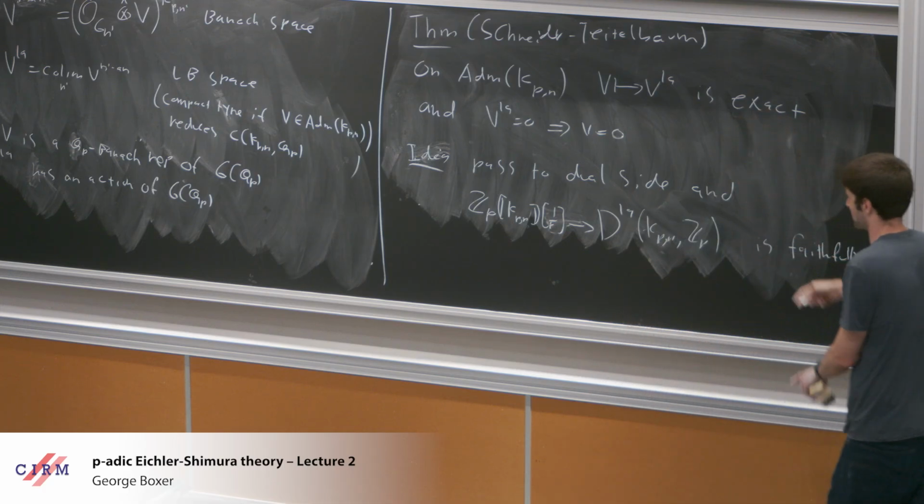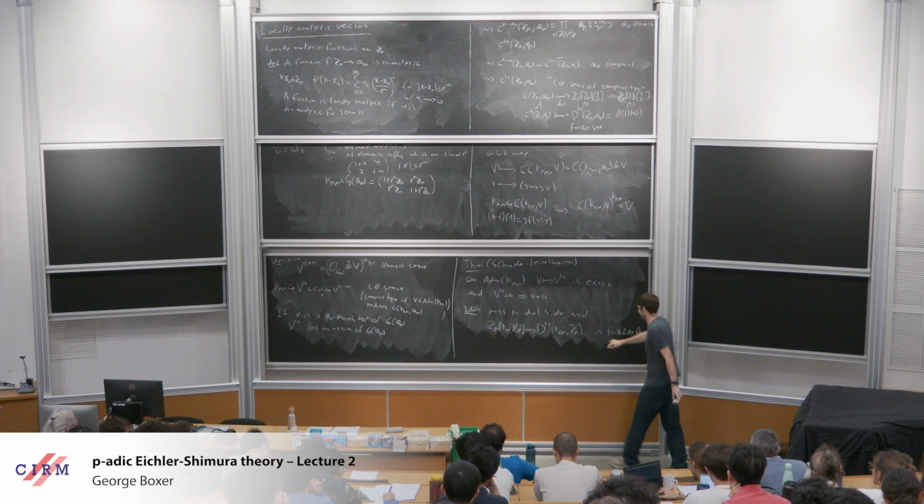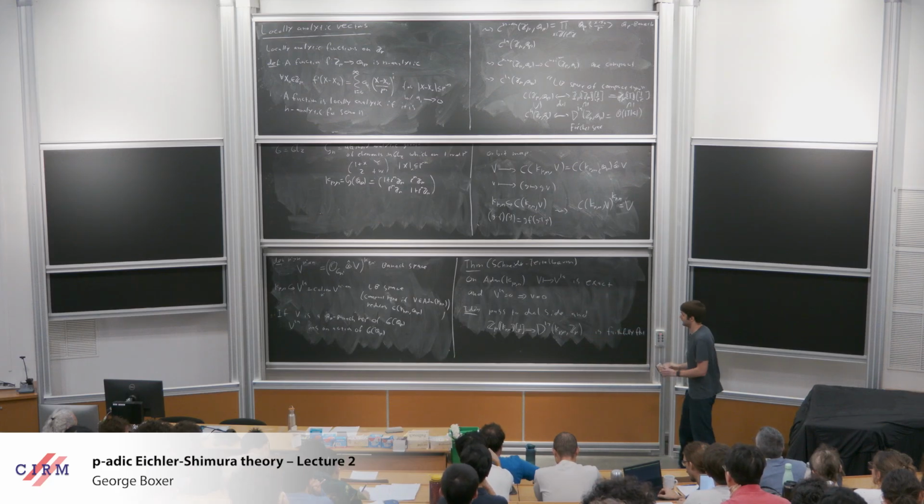And I explained what this map looks like in one case. That's something that really has to be proved. Anyways, that's the idea of how this theorem is proved, and I stop.